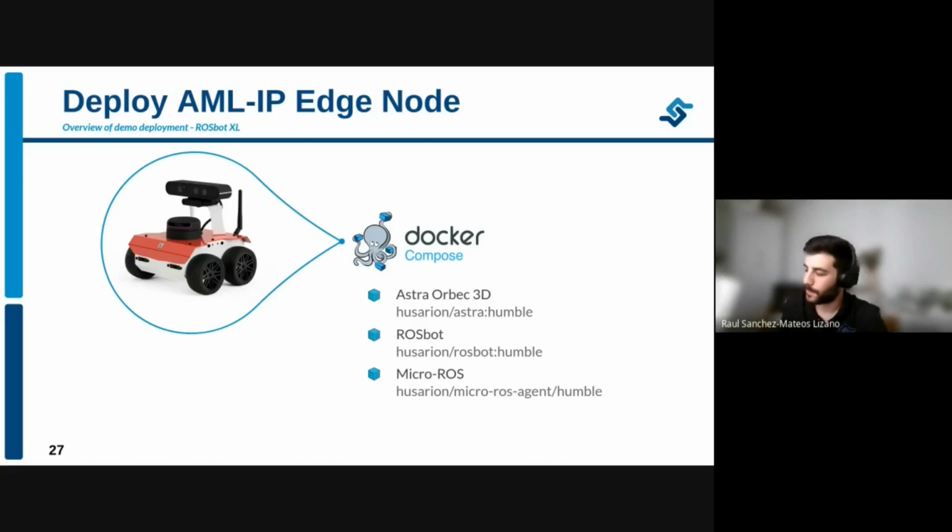And finally, we have the AML-IP Edge node, which is not currently deployed on Docker Hub because right now we don't have it deployed, but you can access the Docker file that we use to create this Docker image because this is already on the GitHub repository of the AML-IP. And yeah, you can access the Docker files, construct your own Docker image, and you will have it available on your systems.